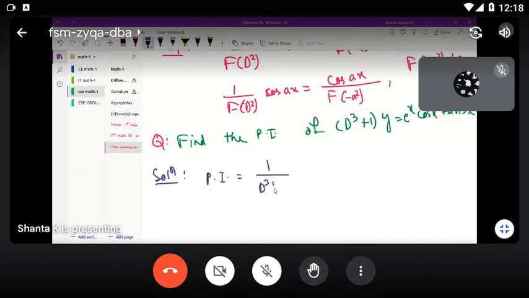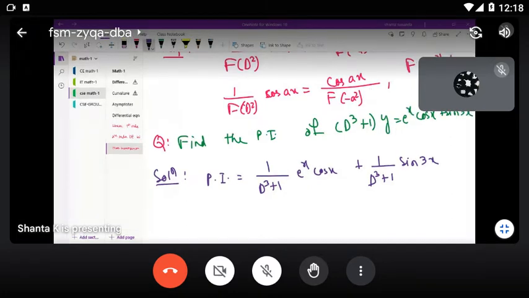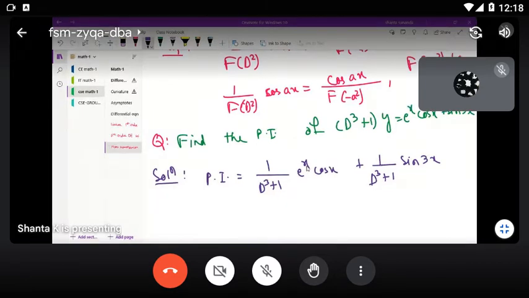D cube plus 1, sin 3x. So this one will be e power x V form.